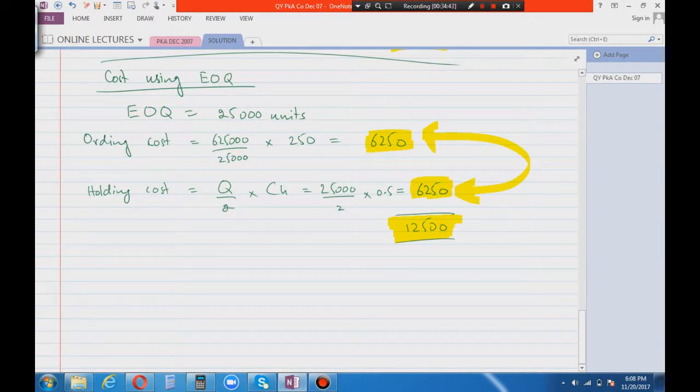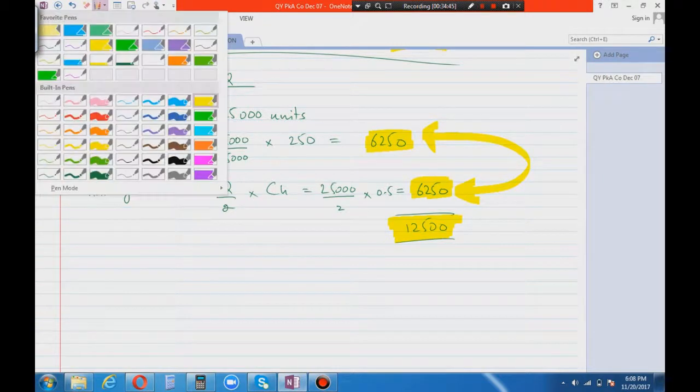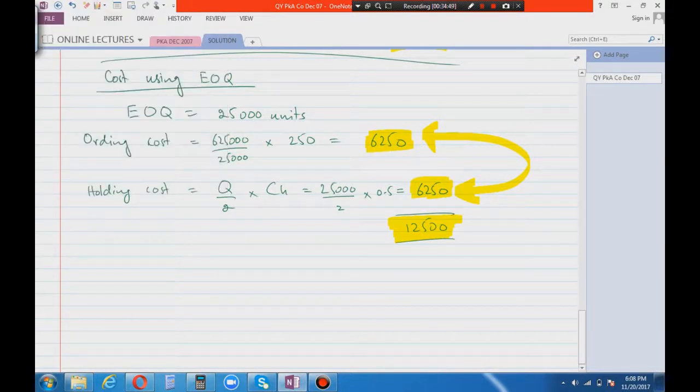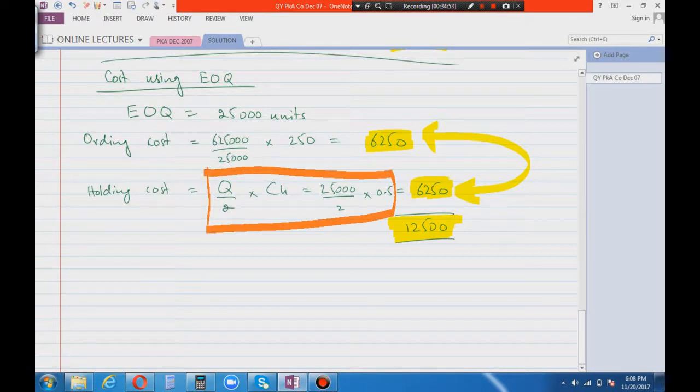So if you wanted, maybe you could skip this part of the calculation also, and you could write 6,250 directly, because in economic order quantity, holding cost and ordering cost would be the same when you don't have any minimum stock, right?